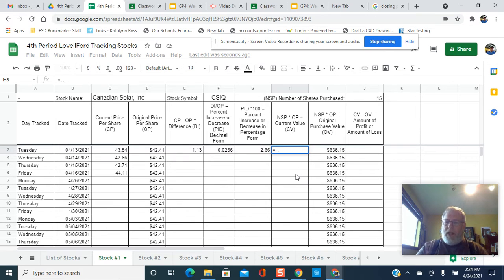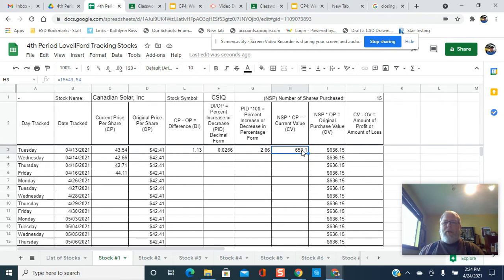We're going to go 15 times the current price, which is 43.54. Okay. So that's our current value of the stock.